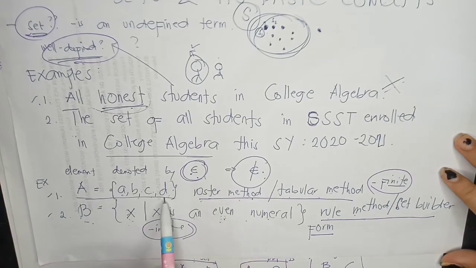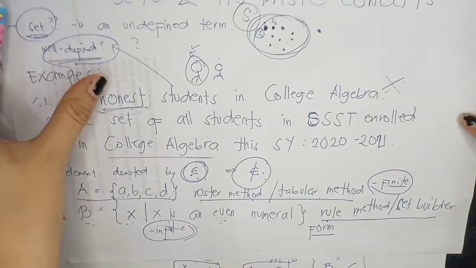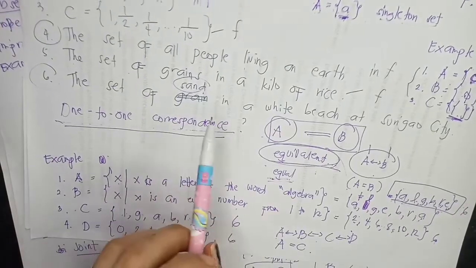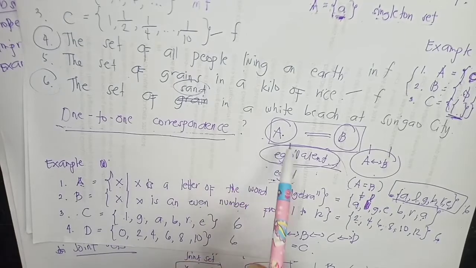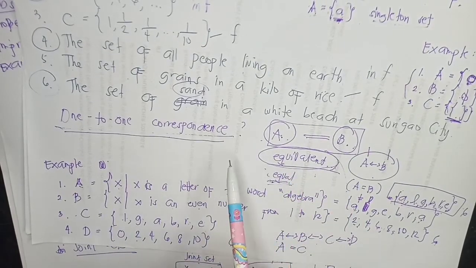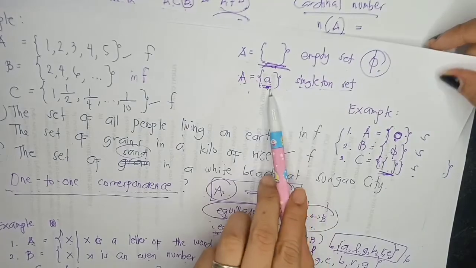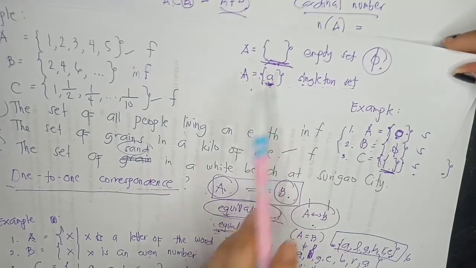So, roster method, masusulat lang lahat ng numbers. Ang rule method is hindi masusulat lahat ng elements. One-to-one correspondence, if ang elements ng dalawang set are the same numbers. Equal is if the same numbers at katulad pa ng elements. Okay? Ang empty set is denoted by this. A singleton set is isa lang mismo ang laman ng isang set.